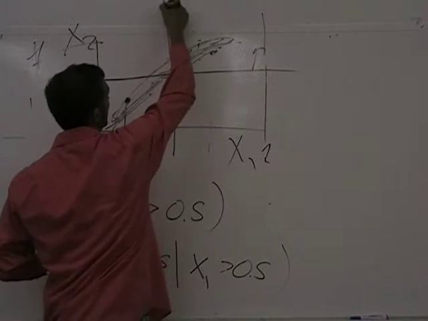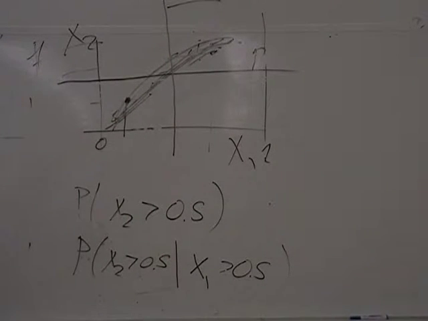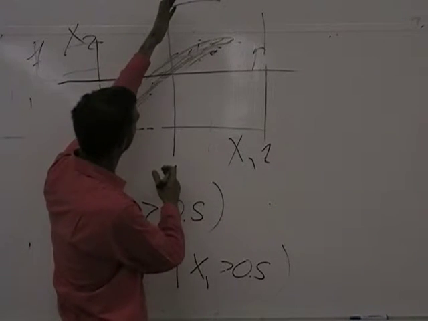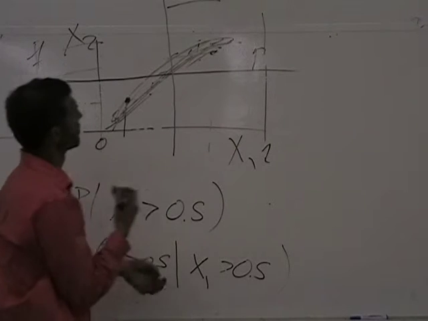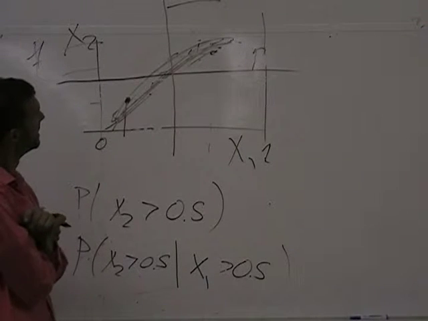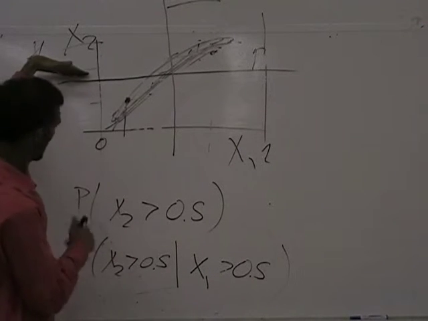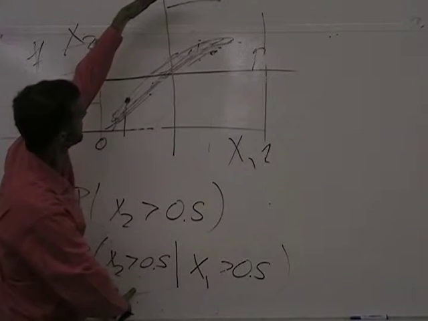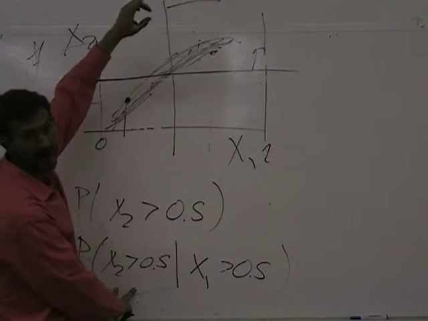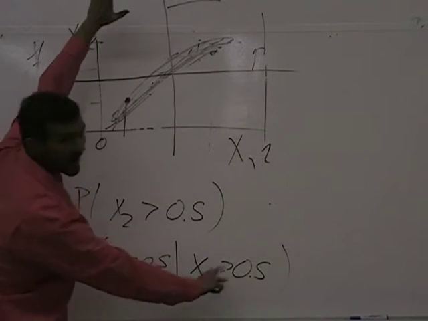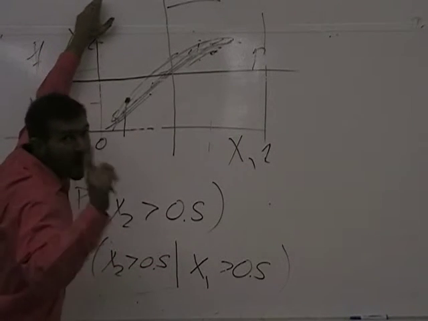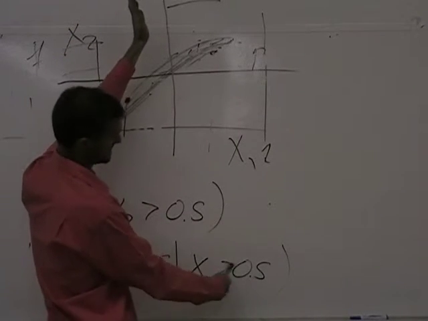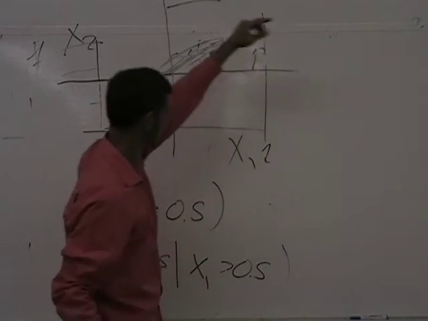That happens up there. And so now we're looking at the probability of x2 being up here, within the context that we know x1 is up there.